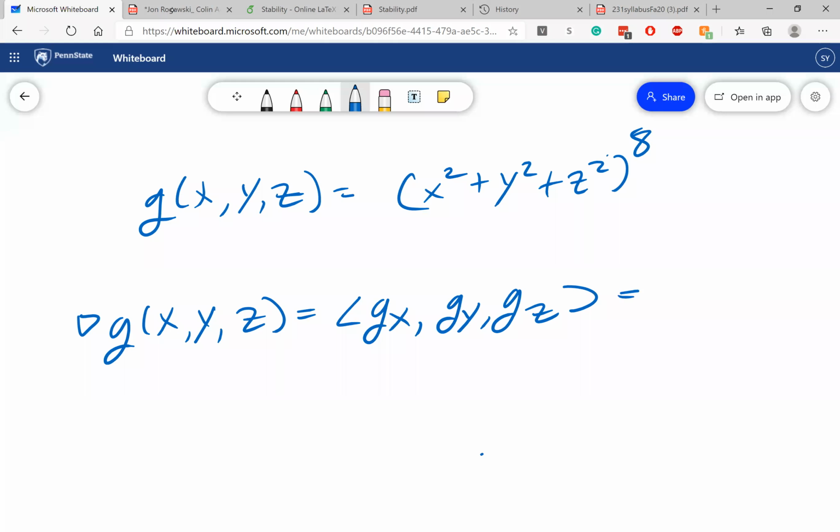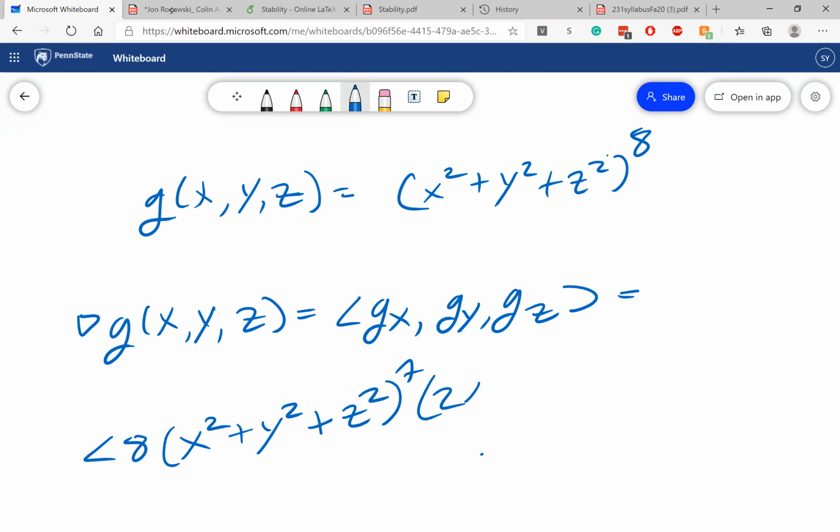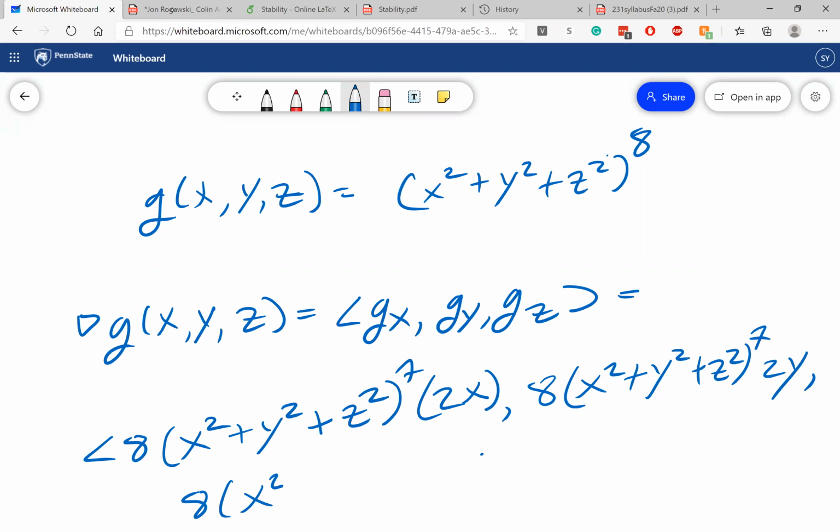The first one will give us 8 times x squared plus y squared plus z squared to the 7th power times 2x. The second one will give us 8 times x squared plus y squared plus z squared to the 7th times 2y. And the third one will give us 8 times x squared plus y squared plus z squared to the 7th times 2z.